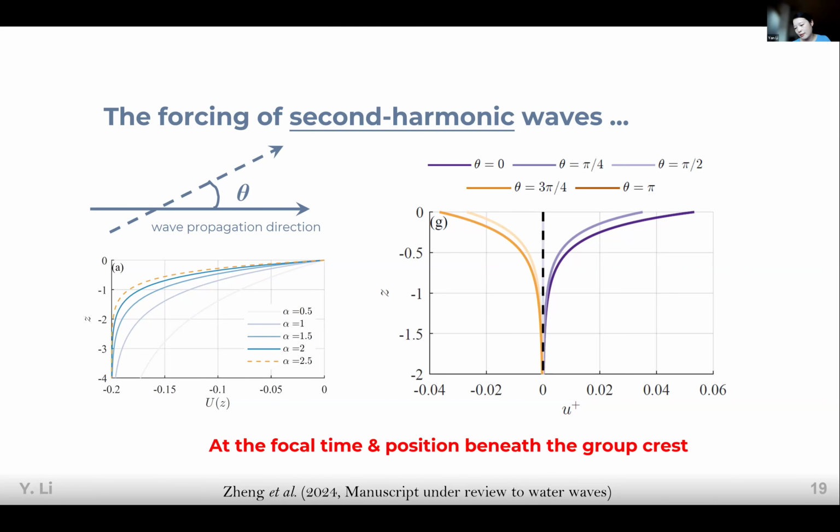The black dashed line corresponds to the case in the absence of current. For deep water waves, the horizontal velocity should vanish in the absence of current, but in the presence of a shear current, you can see a significant change from vanishing to non-vanishing velocity components along the water depths. So this is the second harmonic waves.